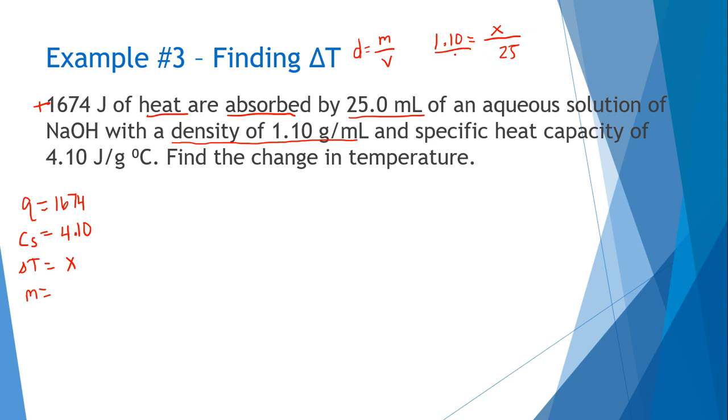So you can take 1.1 times 25 equals X. So you can find out that your mass is actually 27.5 grams. From there, we have everything that we need, so we can go ahead and plug it into the equation.